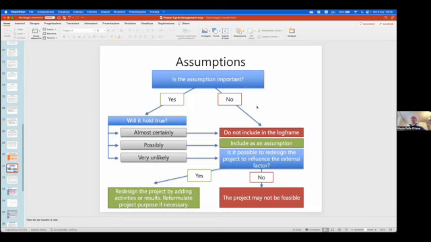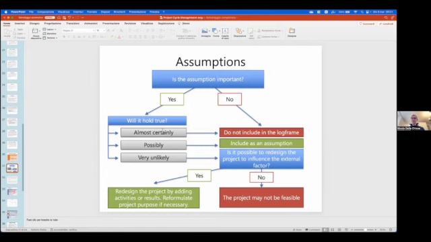Is it important for our project? If yes, then we work our way through this reasoning. If no, we do not include it. So if the assumption is important, for instance, it's important that the bus drivers continue to be interested in our project, then the next question is, will it hold true? So are we almost certain that they will be interested in the program?